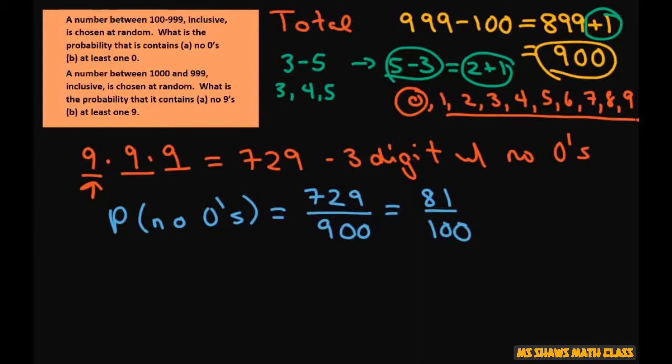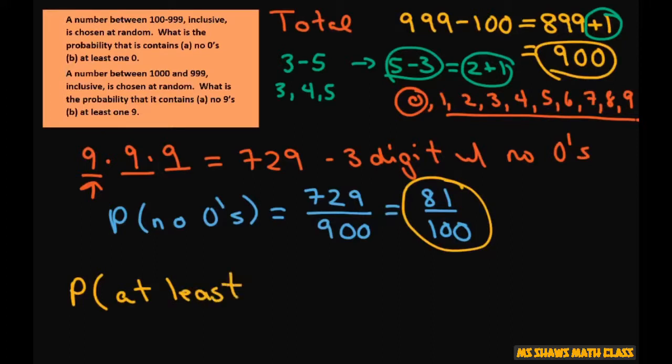All right. And to do the probability of at least 1, all you're going to do is subtract from 1. So this is no zeros. So the probability of at least 1 zero, that means everything but no zeros.